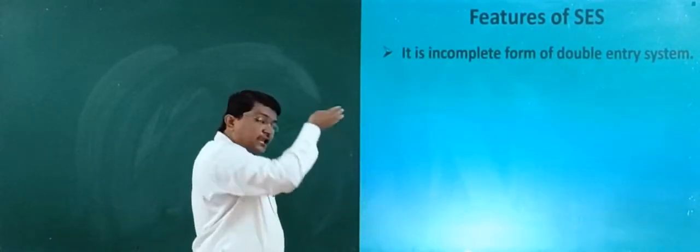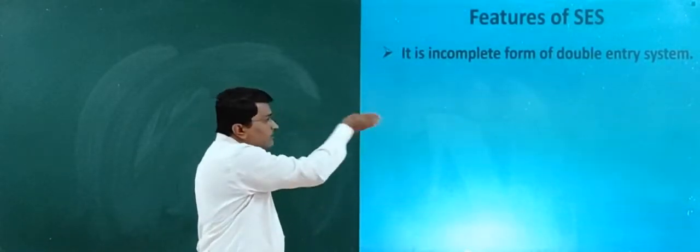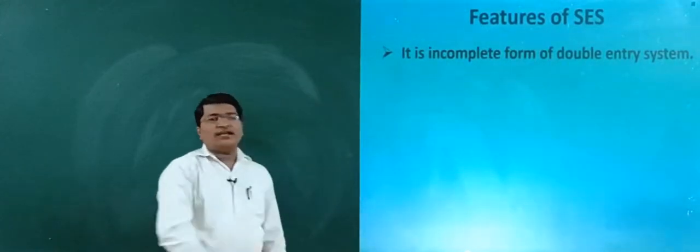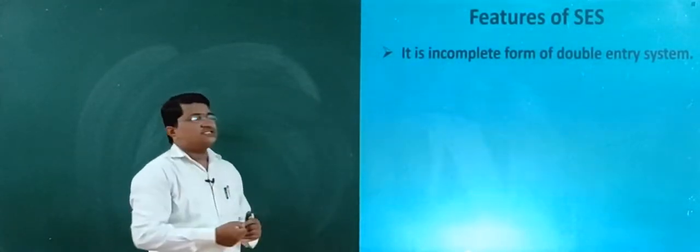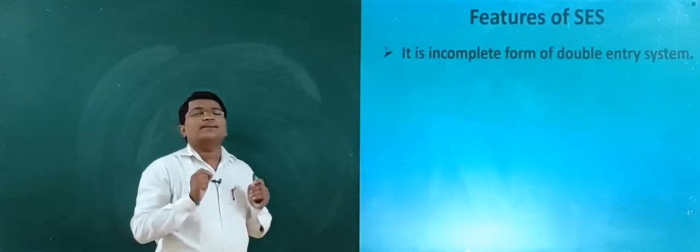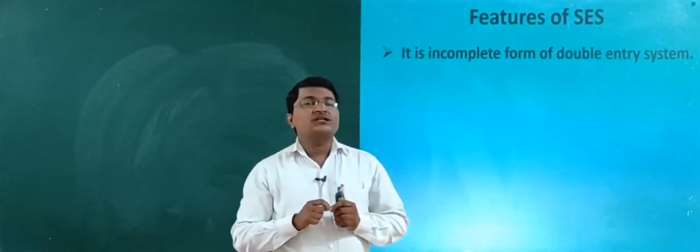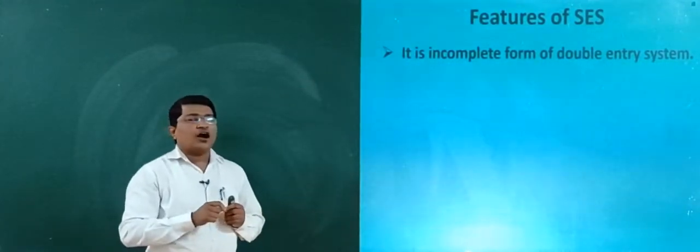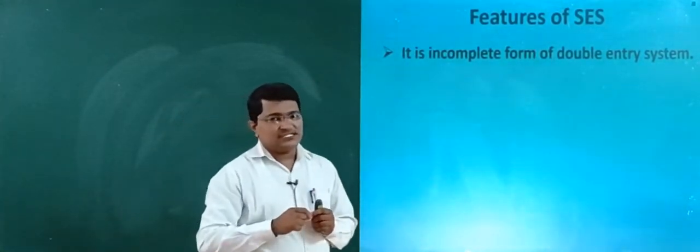So it is an incomplete form of double entry system. So it is the first feature, that is, it is an incomplete system. Otherwise, you can also write it is an incomplete form of double entry system.